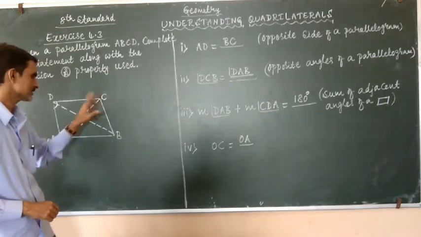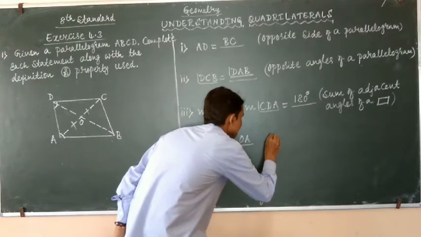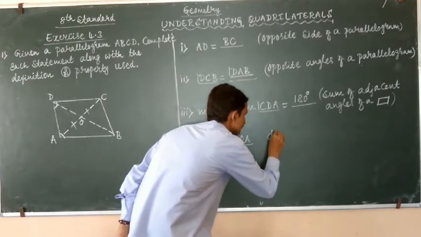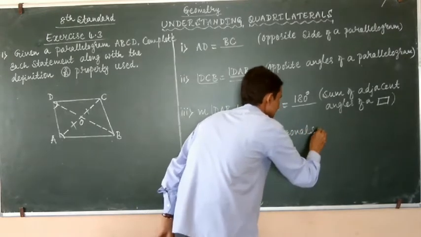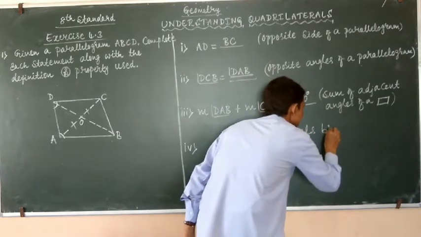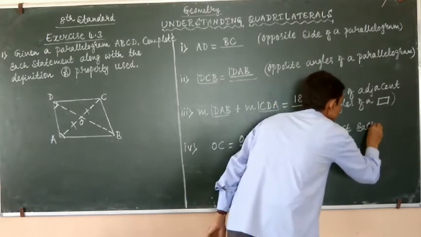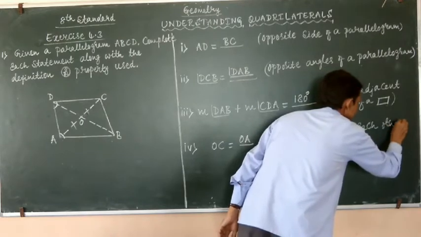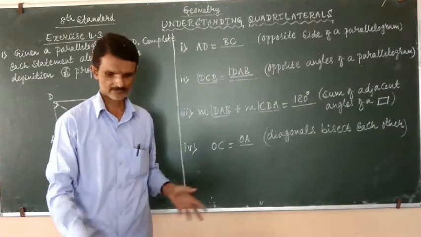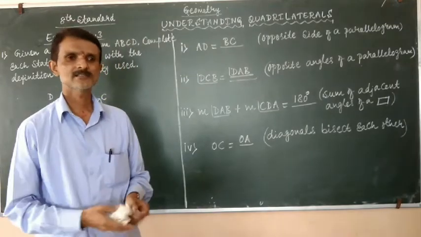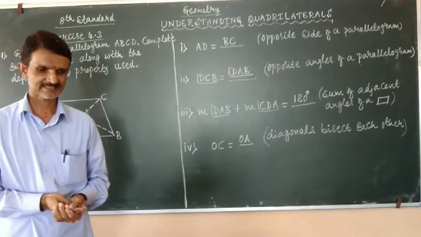So OA equals OC. The reason is diagonals bisect each other. Yes, students, so this is the first problem of exercise 4.3.